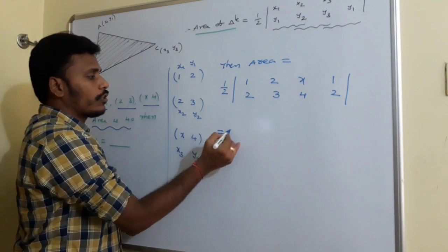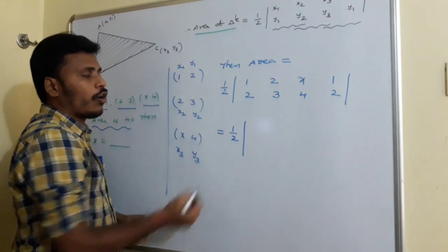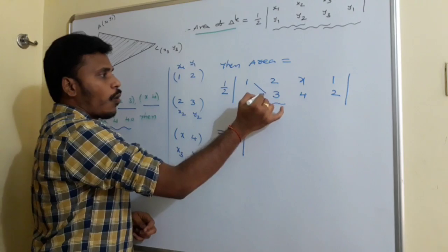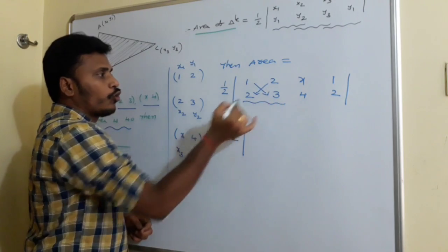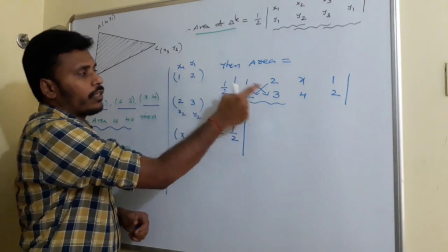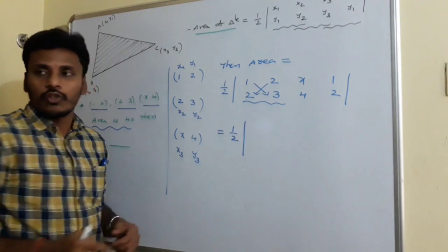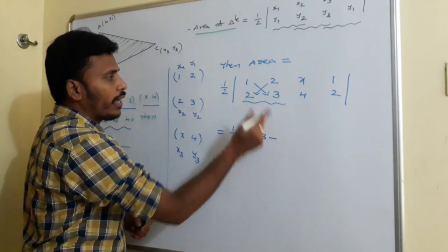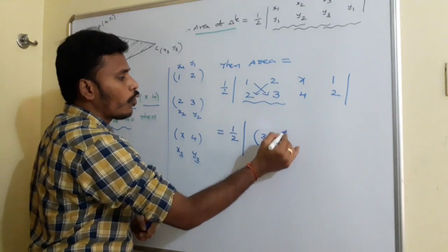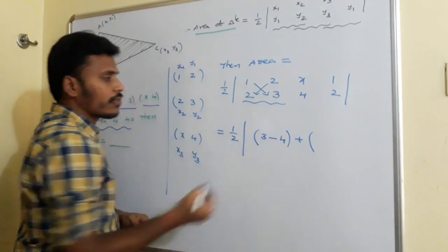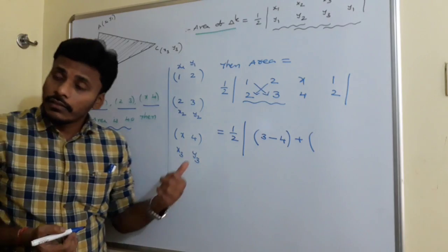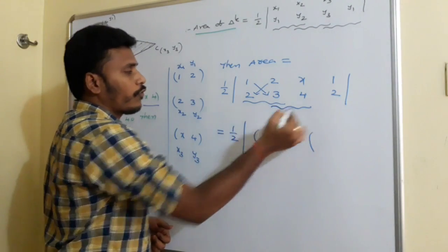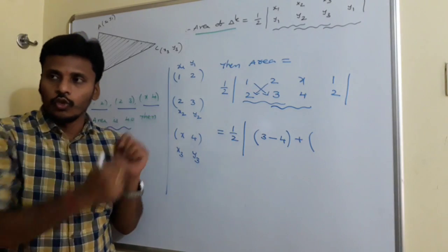So this is equal to half the determinant of, for these 4 elements, the crisscross method: 1 into 3 minus 2 into 2. First multiply this 1 and 3, then multiply this 2 and 2. It becomes 1 into 3 is 3 minus 2 into 2 is 4. So 3 minus 4, plus, and then do the crisscross procedure for the next 2 columns.